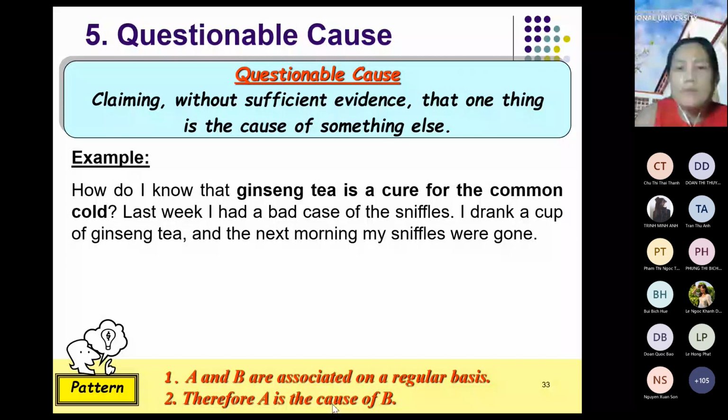So what kind of argument has a name similar to the name of the fallacy here? What is that? Trúc Quỳnh, Võ Nguyễn Trúc Quỳnh, please. I think that is a causal argument. Oh, very good.